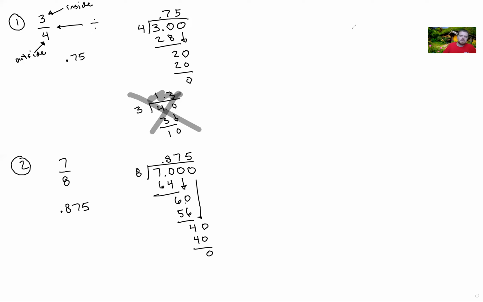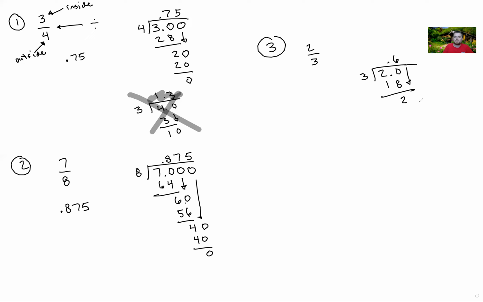Now, I mentioned that sometimes you're not going to get a remainder of 0. So let's say I have something like 2/3. So when I go to divide 2/3, it's the same setup as always. 2 divided by 3, 2 on the inside, 3 on the outside. And I start out my process, add my decimal, add my 0. You start out, okay, 3 goes into 20 6 times. 6 times 3 is 18. 20 minus 18 is 2.